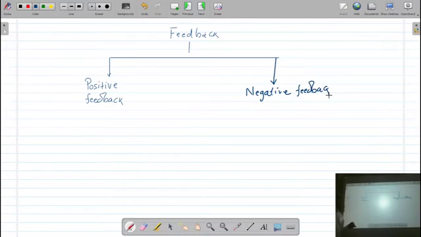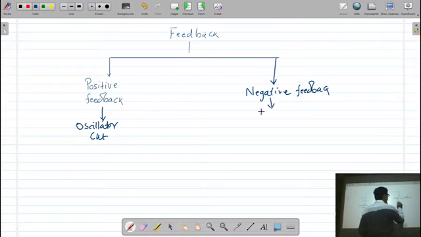Positive feedback is normally used in oscillator circuits, and negative feedback is used in amplifier circuits.